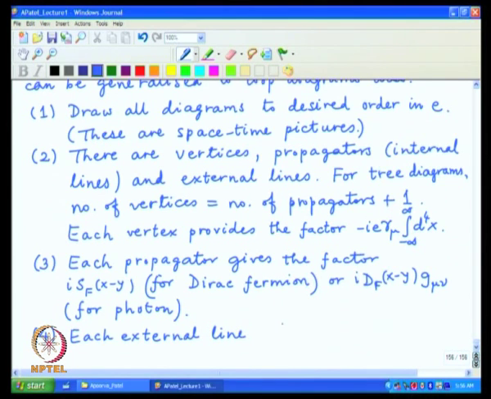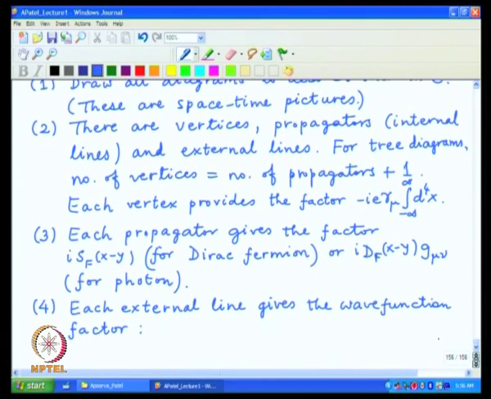Each external line gives the so called wave function factor, and this can be of different type depending on what the particle is.